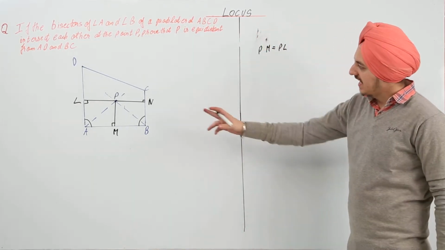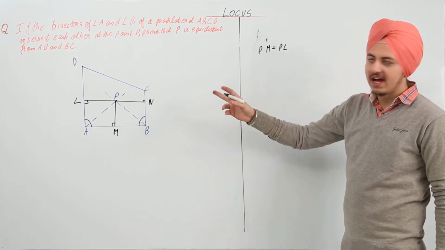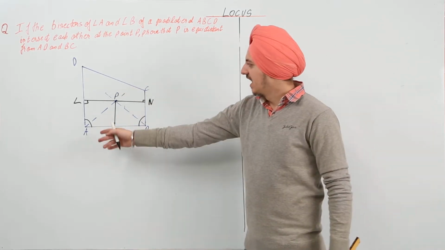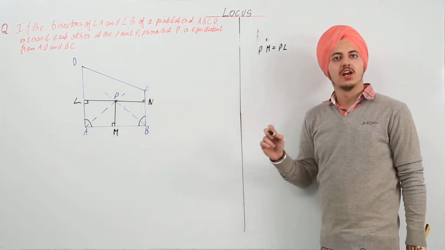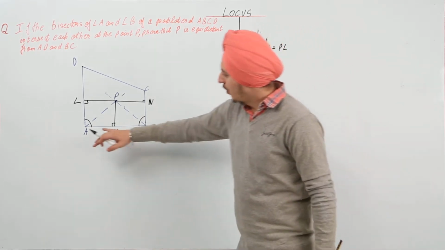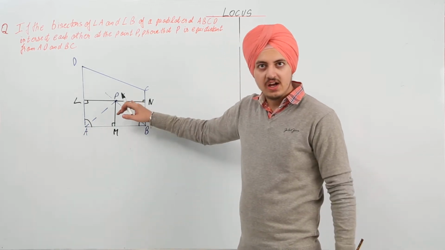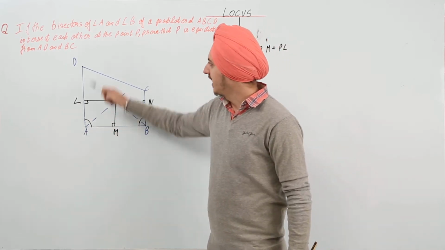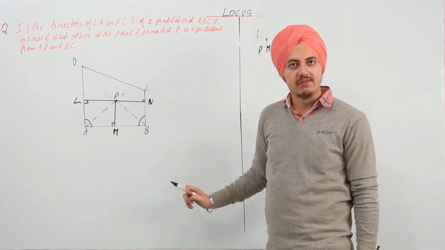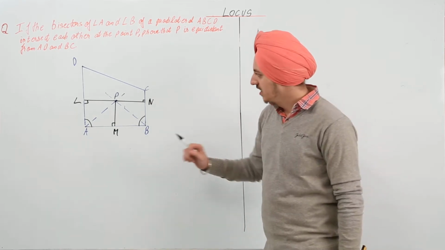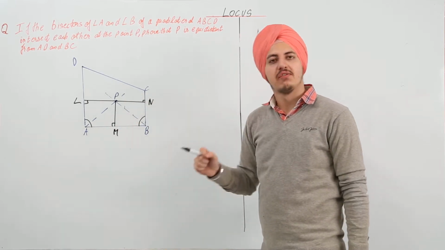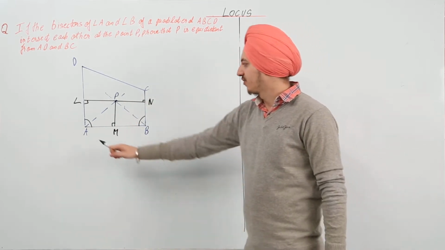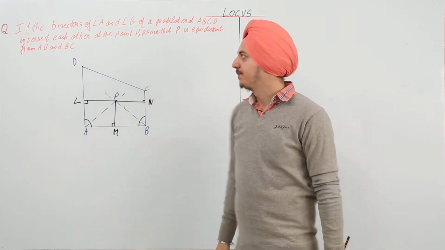Why? Because we have this line as the angle bisector of angle A and P lies on the angle bisector of angle A. All the points on this line are equidistant from AB and AD. We have already done this in the previous question, that all the points lying on the angle bisector of angle A are equidistant from AB and AD.